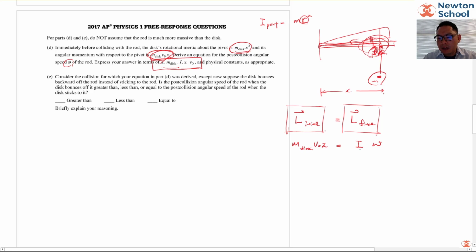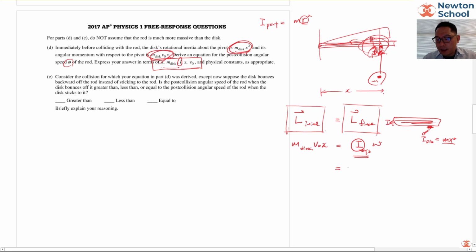But this I is the I of the system, and it consists of the disk and the rod itself. For the rod, we are just using capital I, and for the disk we use mx squared, which was given here.